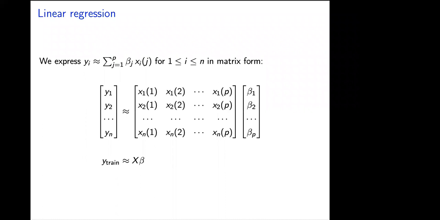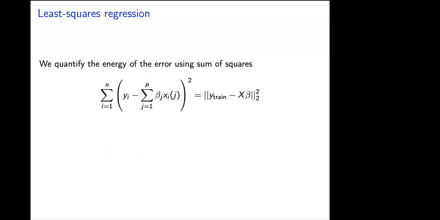So, these are the Ys that you're actually feeding for training, right? One way to train a linear model is by using least squares. The error is the distance from the actual Y, and the energy of that error is just going to be the sum of squares.